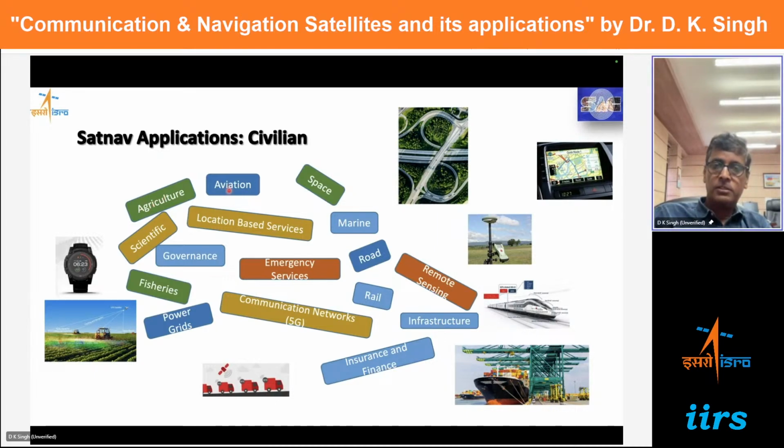In aviation, in space, in moving trains, ships, insurance and finance, and communication networks, they use the navigation signal. Even power grids use the navigation signal for synchronizing the grid frequencies across the national grid.